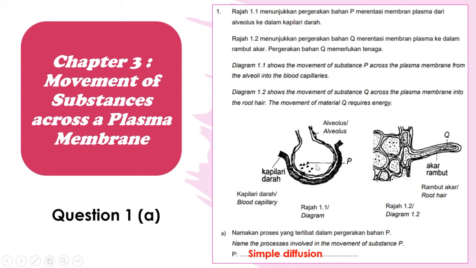The oxygen, which is at higher concentration during inhalation, will move across the plasma membrane from the higher concentration area to the lower concentration area, which is in the blood capillaries. By what process? By simple diffusion. Okay, that is the answer for number 1A.